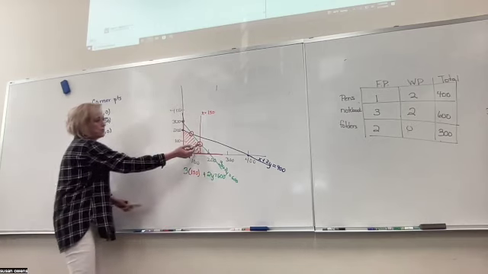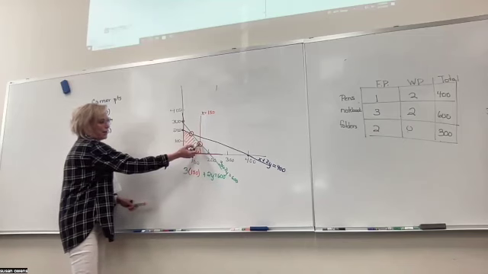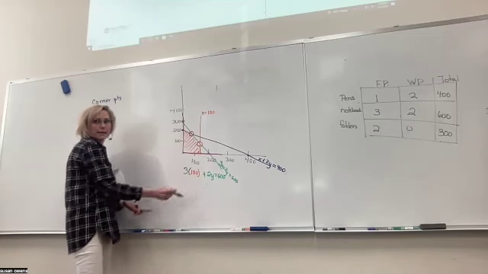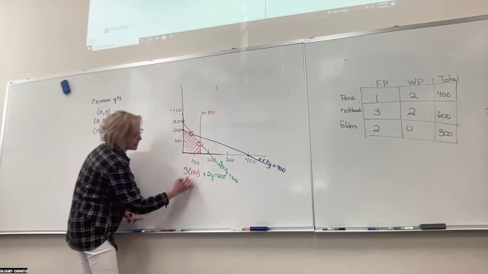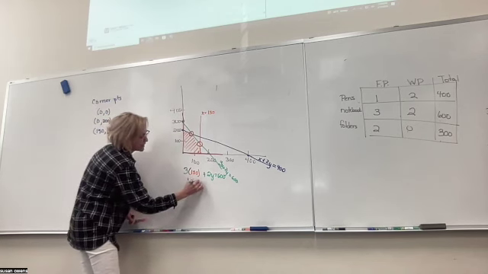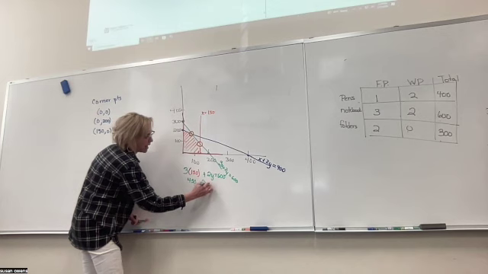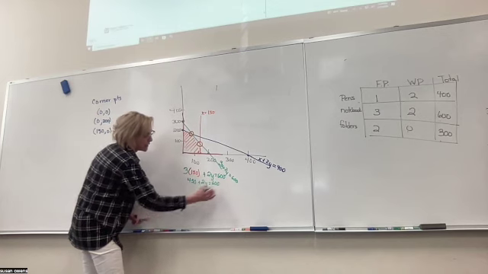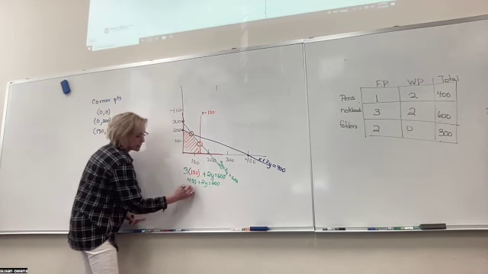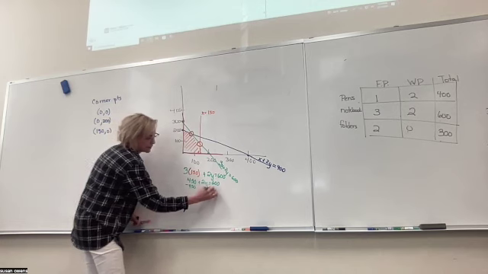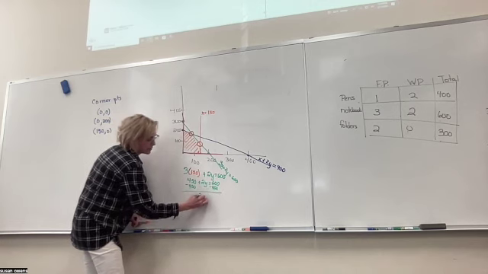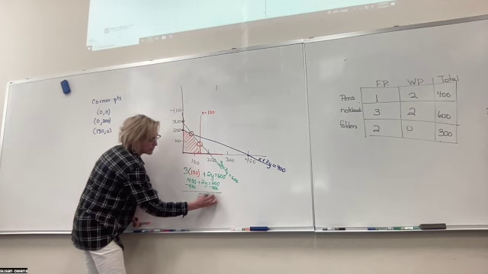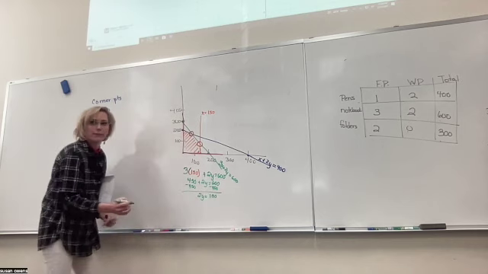Because I knew that the x was 150, I could go ahead and substitute it in for x. Solve that. That's 450 plus 2y equals 600. Subtract 450 from both sides. 2y equals 150.